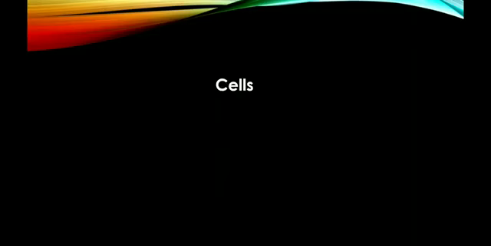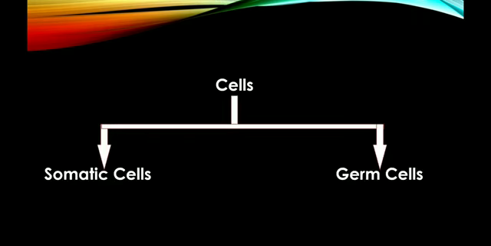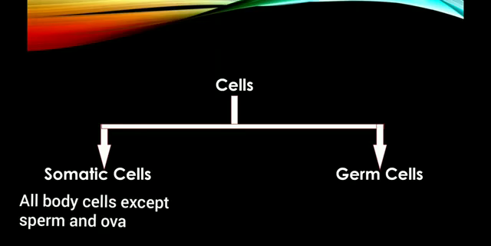Now, talking about cells, there are two types of cells in our body. They are somatic cells and germ cells. What are somatic cells? Somatic cells are all body cells except sperm and ova, because soma means body.